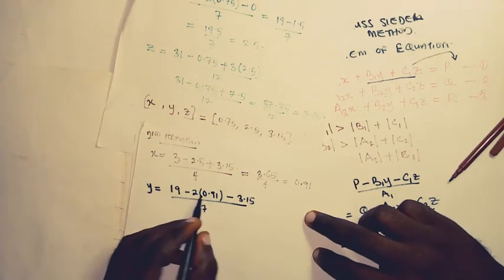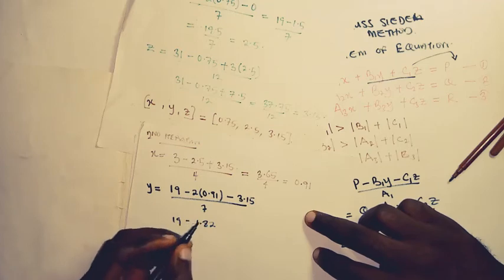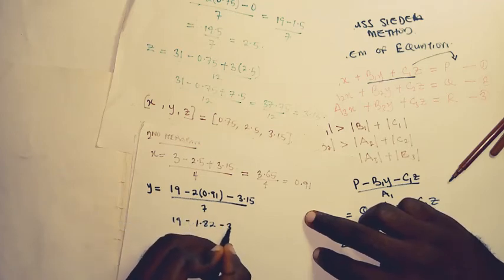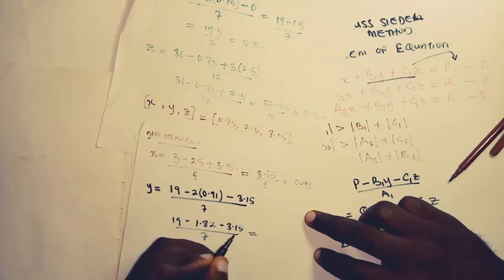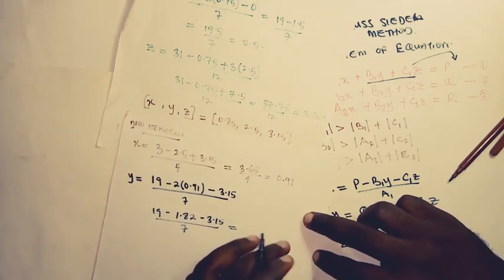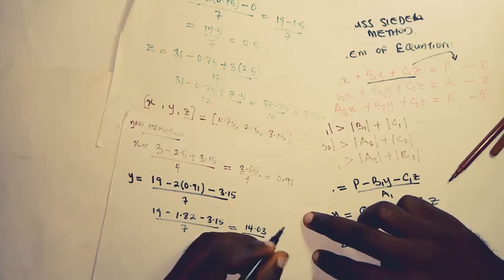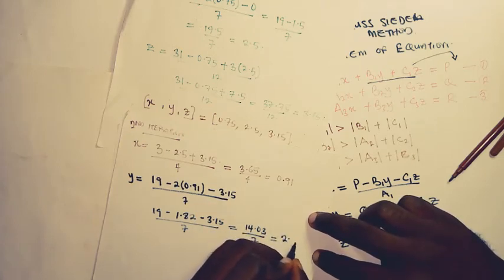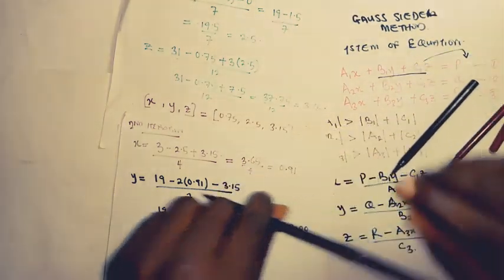So when I multiply this out, I have 19 minus 1.82 minus 3.15, divided by 7. And doing this arithmetic, I have 14.03 over 7, and this will give me 2.00. That is the new value for y.